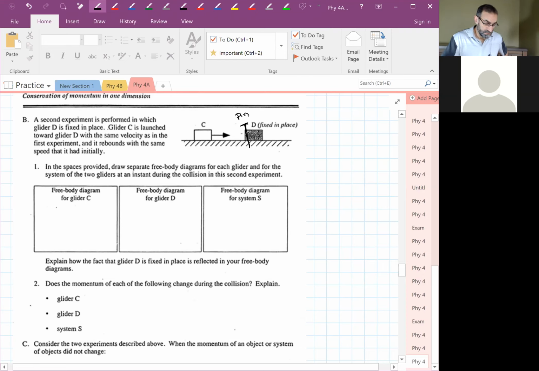D cannot move. All right, so C comes along, hits D, bounces back, and you're going to draw free body diagrams for C, D, and the system.